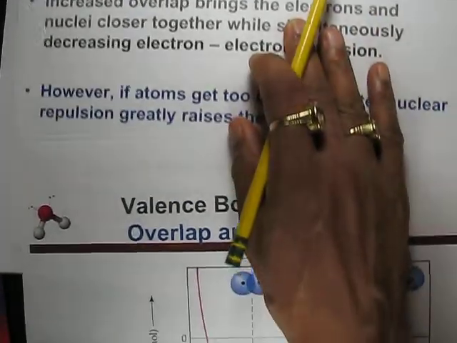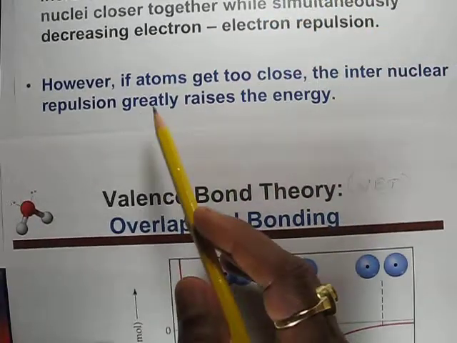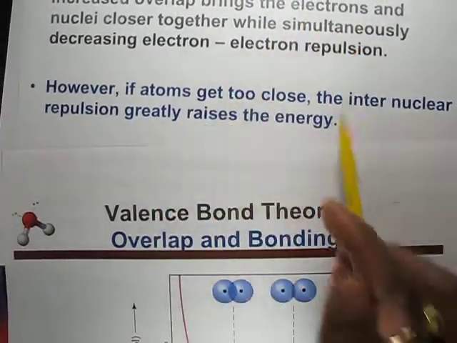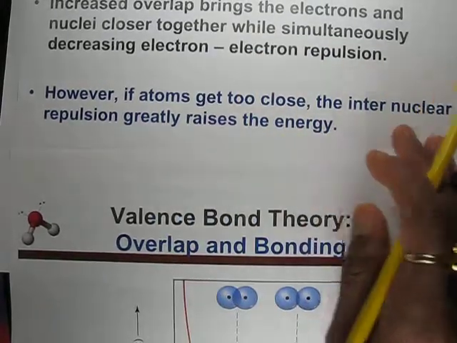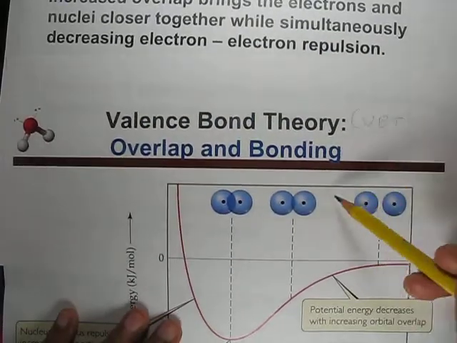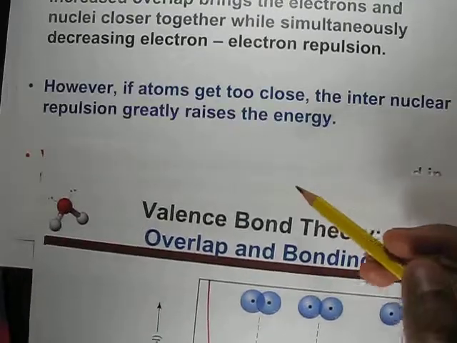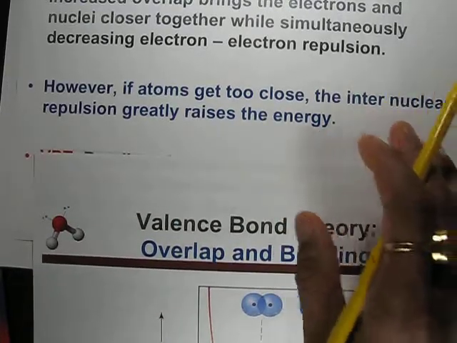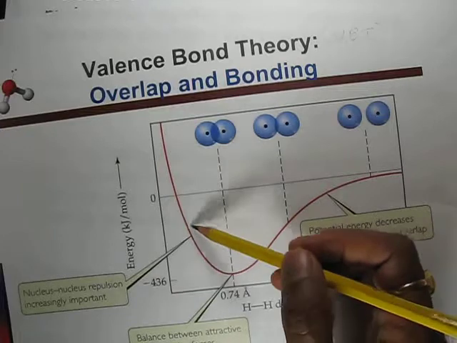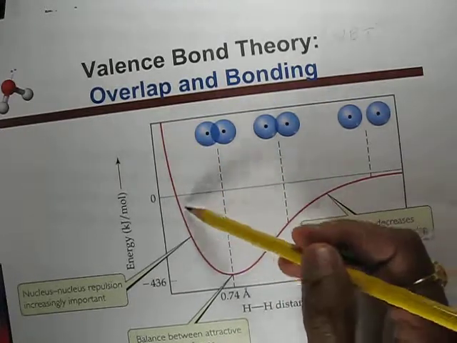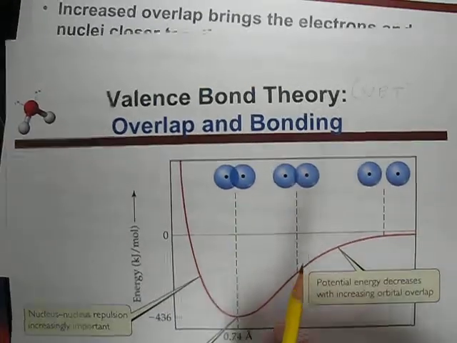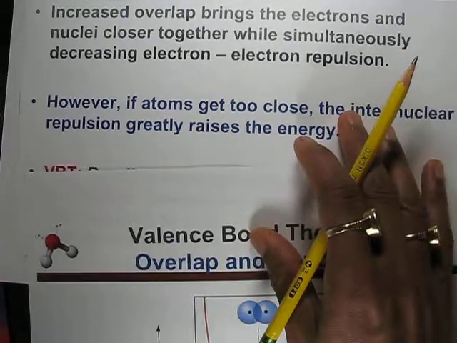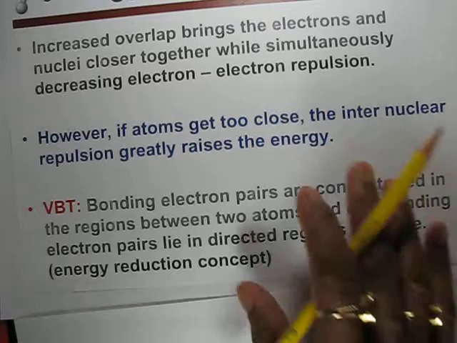In the next statement, however, if the atoms get too close, the internuclear repulsion raises the energy. Once they are very close, this is the situation where the line goes up, because if they are too close, the energy is very high.